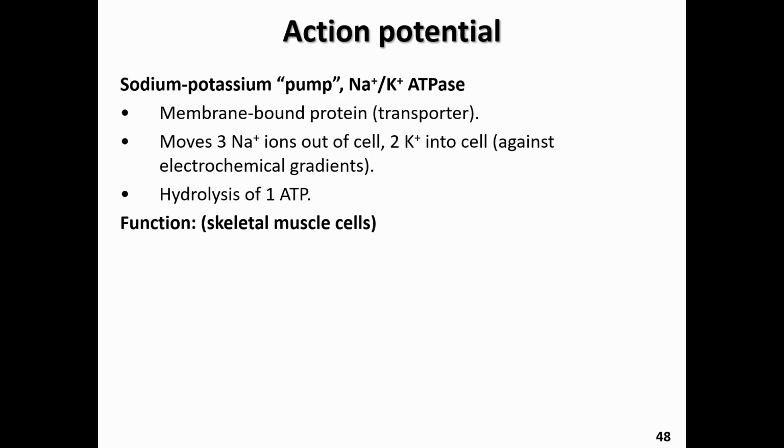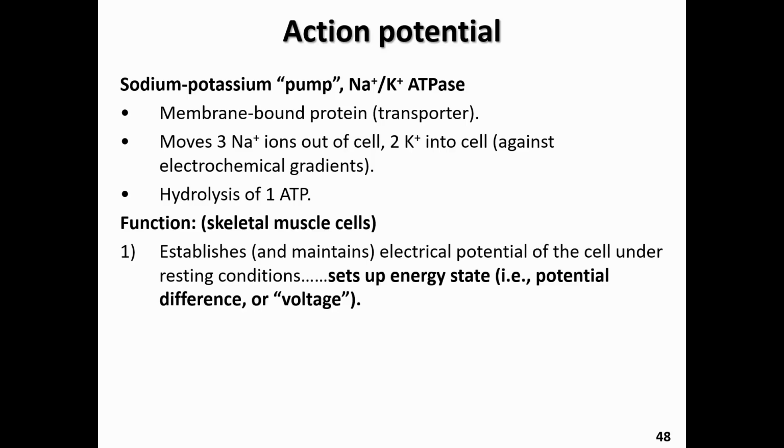And the function in skeletal muscle cells, as well as neurons, is to establish and maintain the electrical potential of the cell under resting conditions. So this is an enzyme, a protein transporter that is active not only during the action potential, but is also active under resting conditions.